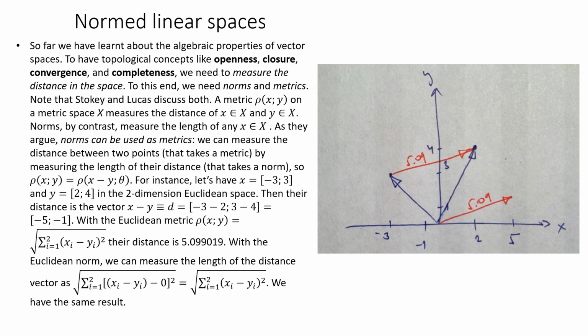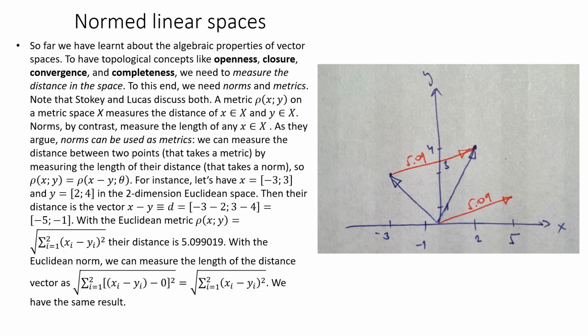To this end, we need norms and metrics. Our textbook discusses norms only, but Stokey and Lucas discuss both. A metric is a distance function on a metric space that measures the distance between two vectors.